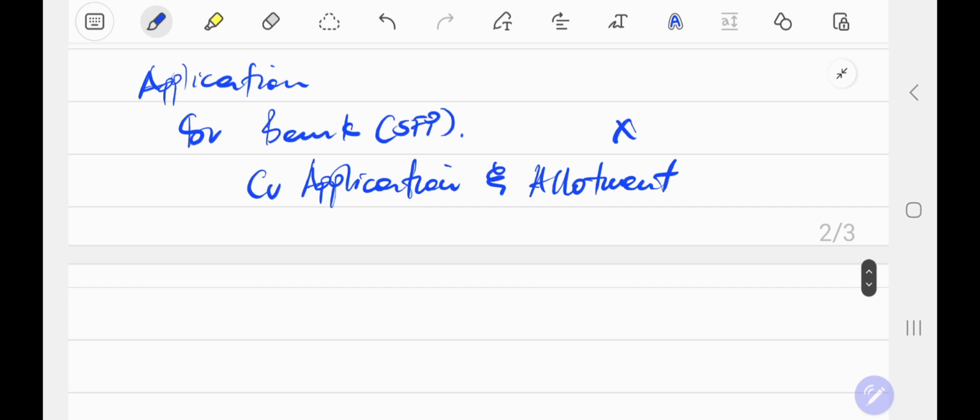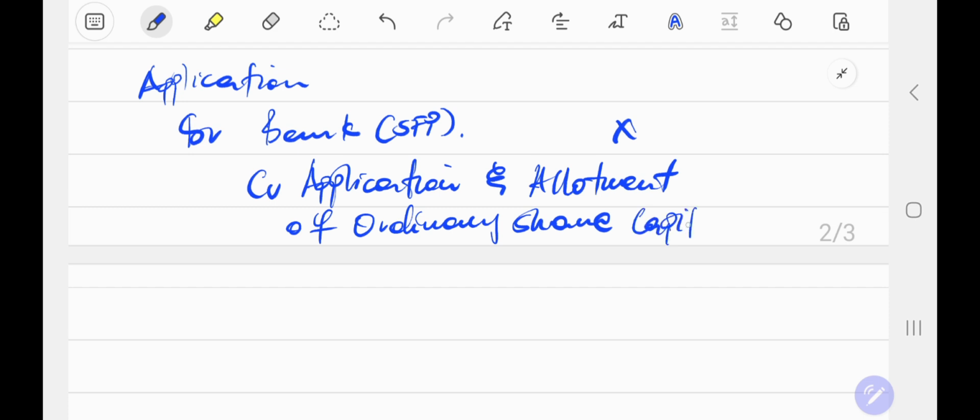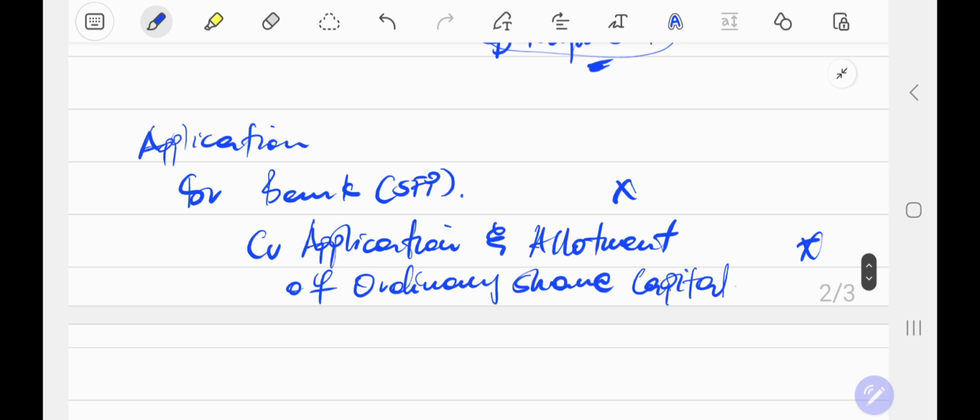Application and allotment of ordinary share capital if the company was selling ordinary shares. If the company was selling preference shares, it can be preference share capital, and then you are going to credit this account.